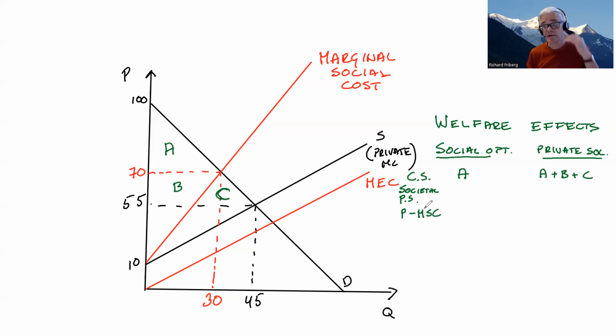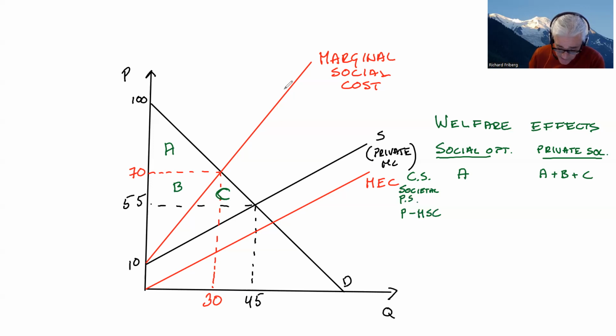The regular producer surplus is just the difference between price and marginal cost. Here, same thing, but we now let the marginal cost that we're looking at take account of all the marginal costs. So the difference between price and the marginal social cost curve.